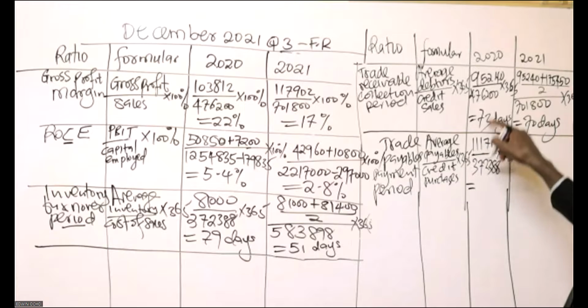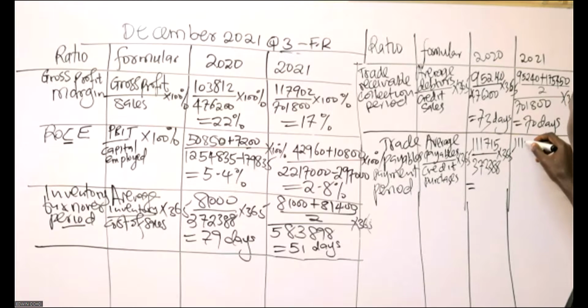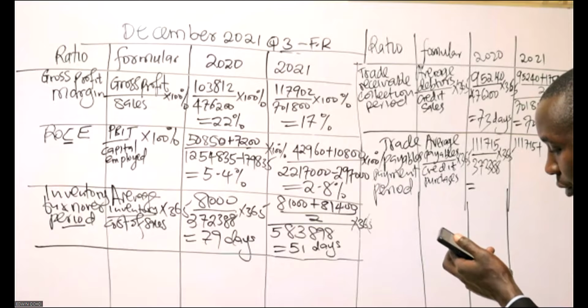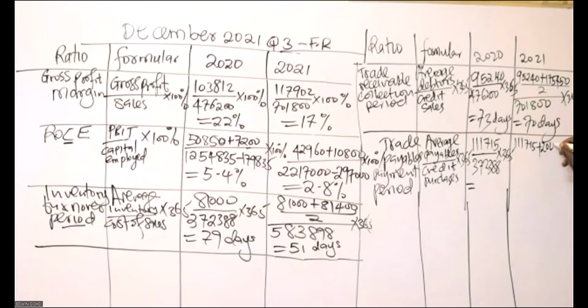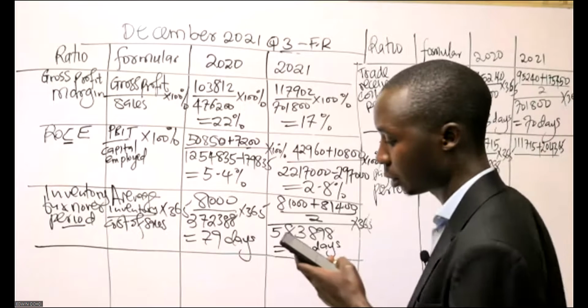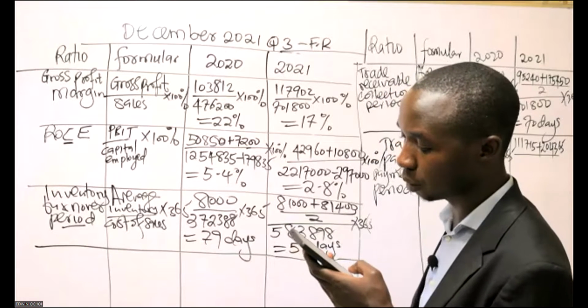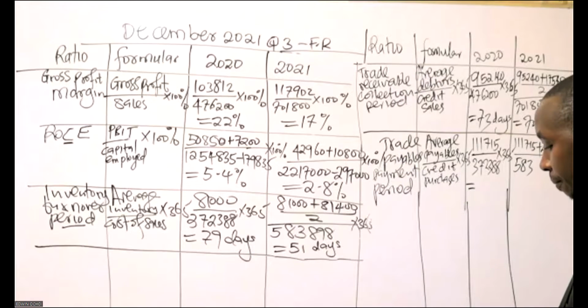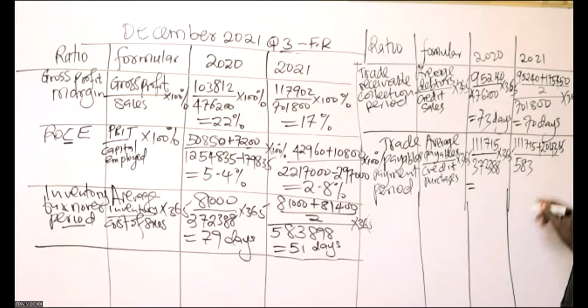Then for this one, you take the one for 2020, which is 111,715, plus the one for 2021. So the payables for 2021, 204,365, over the credit purchases, which approximates our cost of sales, approximate purchases, which is 583,898, times 365.